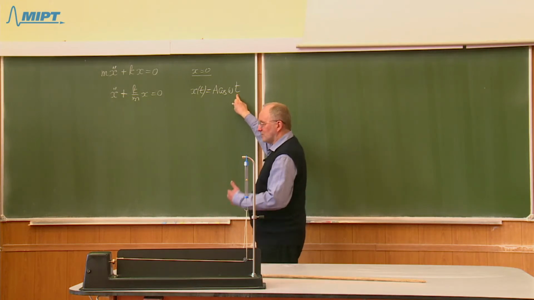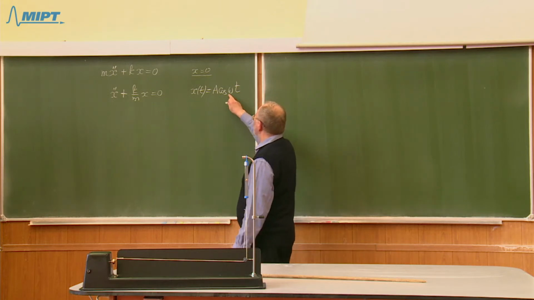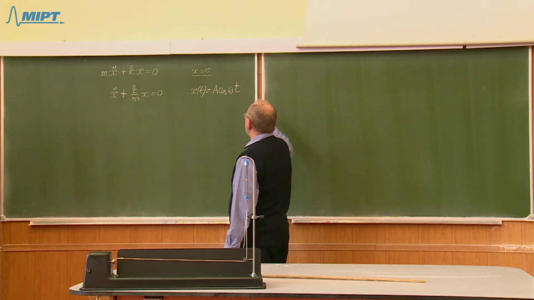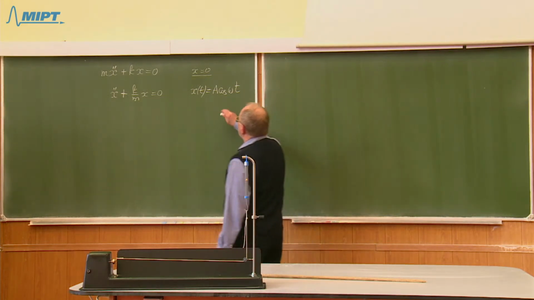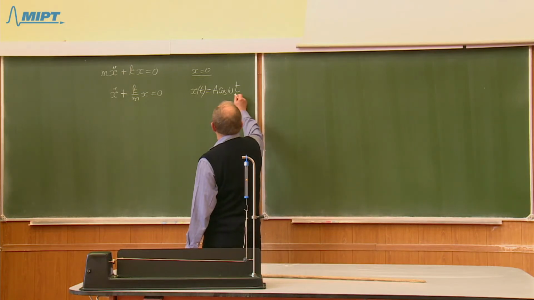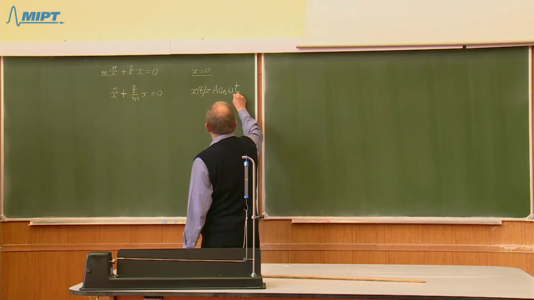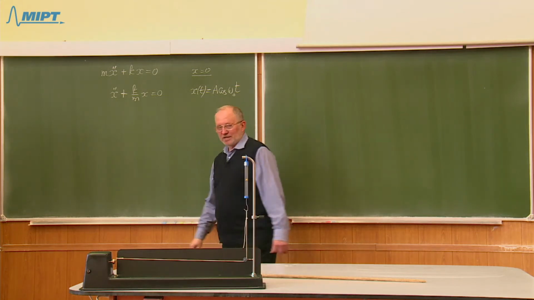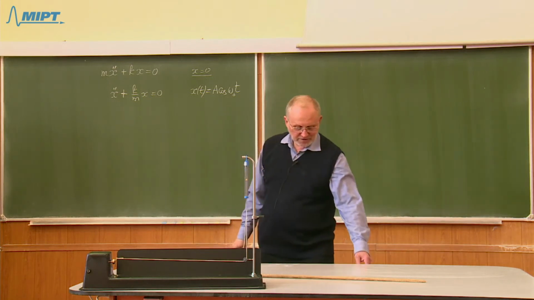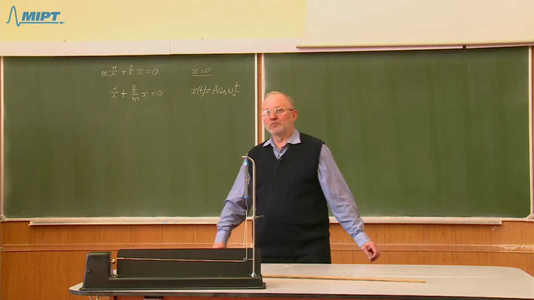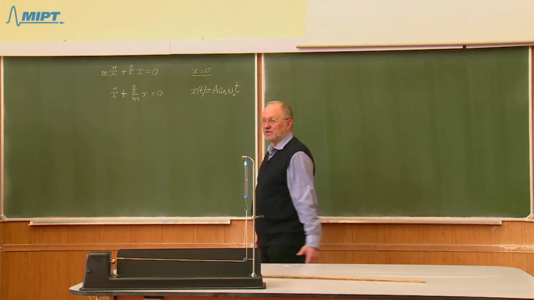If we start measuring time at a proper moment, then the initial phase will be 0. I will denote this frequency of oscillations by omega 0, because today we will have another omega, non-zero omega, which will have a different meaning.